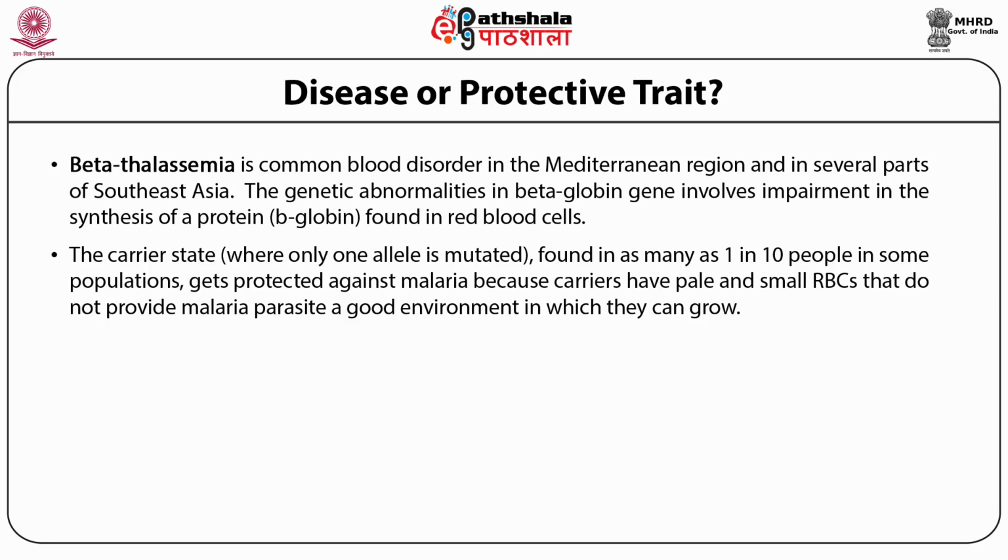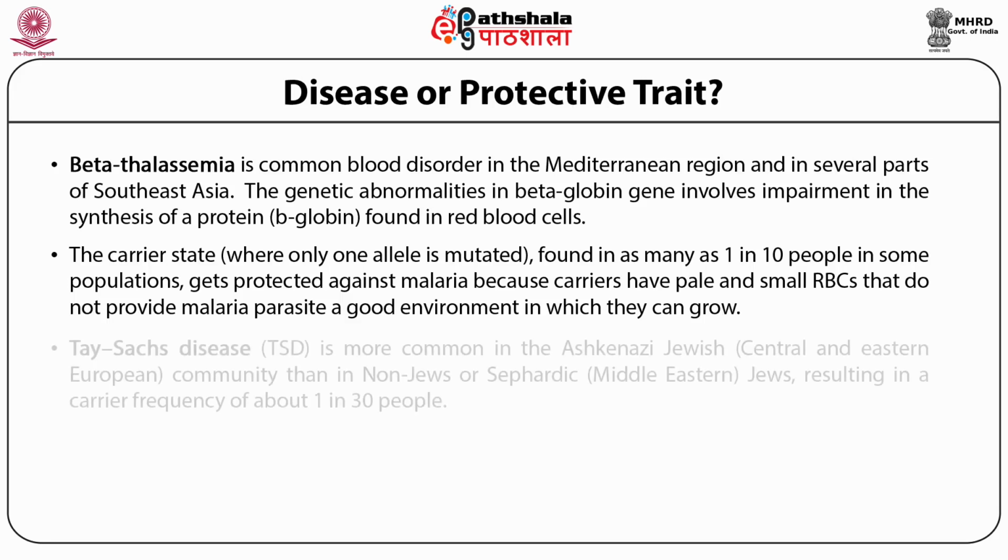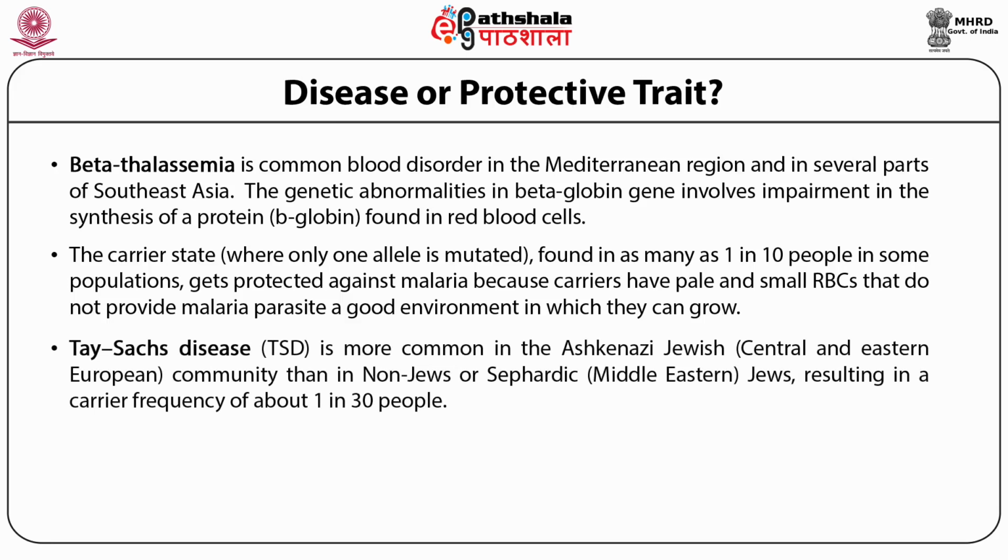1991. Then we have another example, Tay-Sachs disease, that is TSD. It is common in Central and Eastern European populations, basically in the Ashkenazi Jewish community, compared with Middle Eastern, that is non-Jews or Sephardic Jews, with a carrier frequency of approximately 1 in 30.